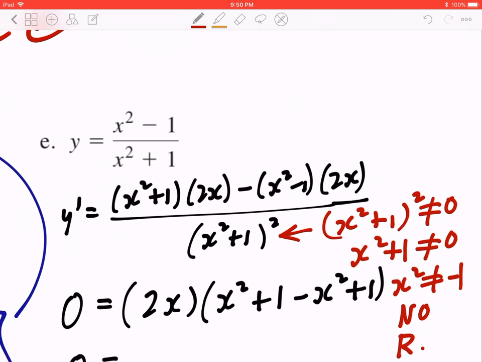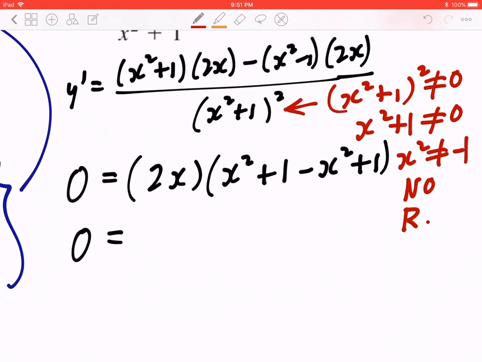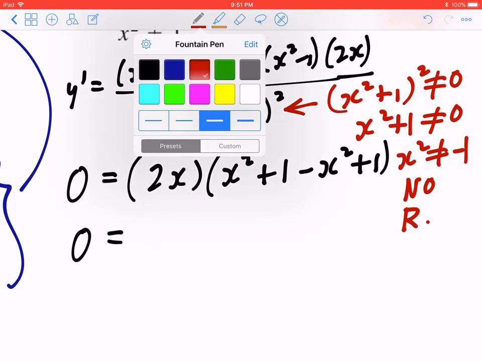And just remember, to find the critical points, you want to set the derivative to be 0, or sometimes you have to look at the x values that make it undefined or do not exist. In this case, only the numerator is going to be important.